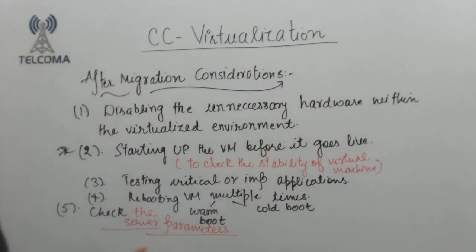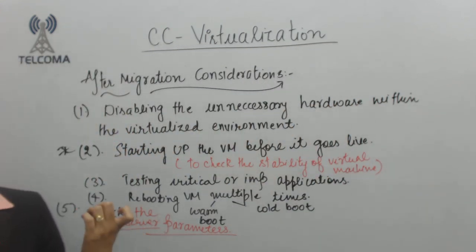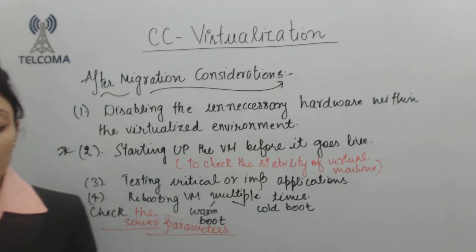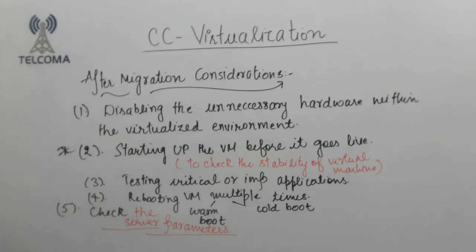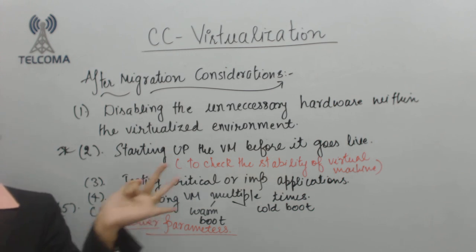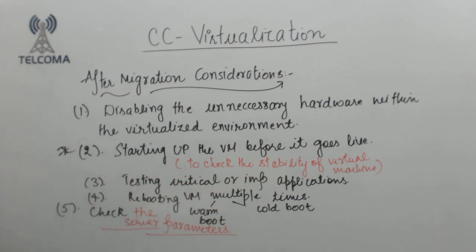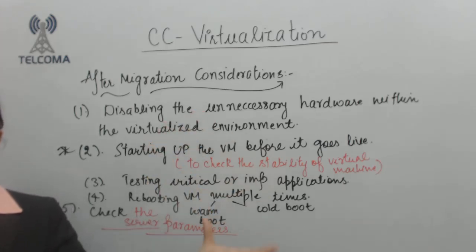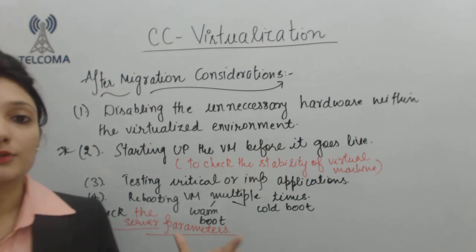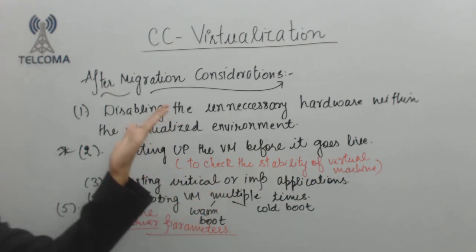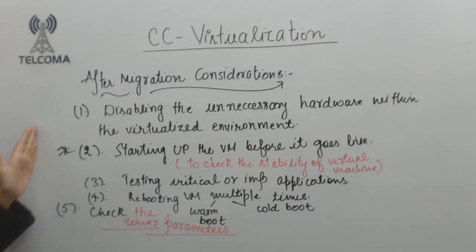This means checking the server parameters, that is, the settings of the network, such as the IP address configuration and the subnet mask information. These should be checked. If any changes are required, they should be made at this stage, because we have not connected it to any network. It's not a live machine yet. So if any change is required, that should be done at this stage.